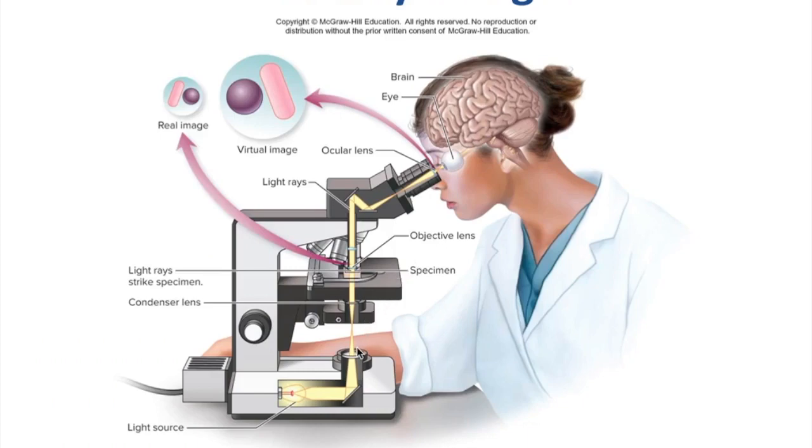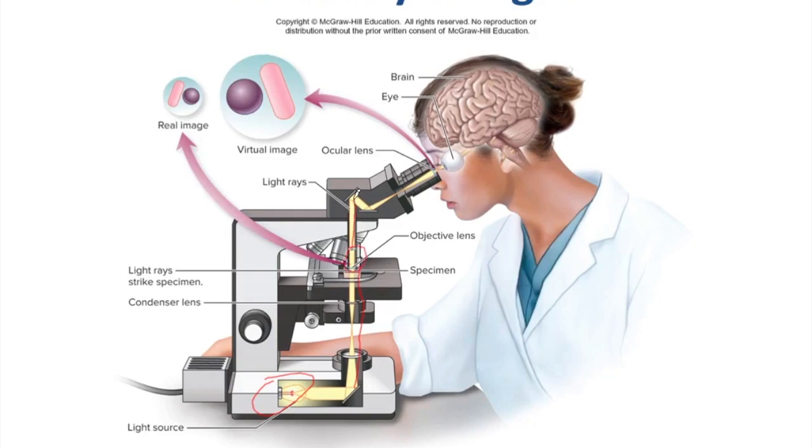Here, as we can see in this diagram, this is the light bulb. The light bulb generates the light source. The light can be reflected by the lens to the stage, through the slides, and then the image will be captured by the objective lens.